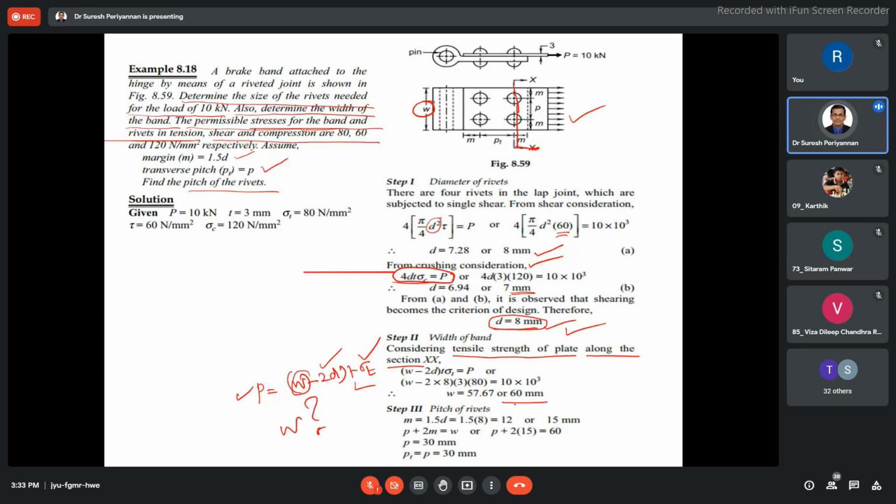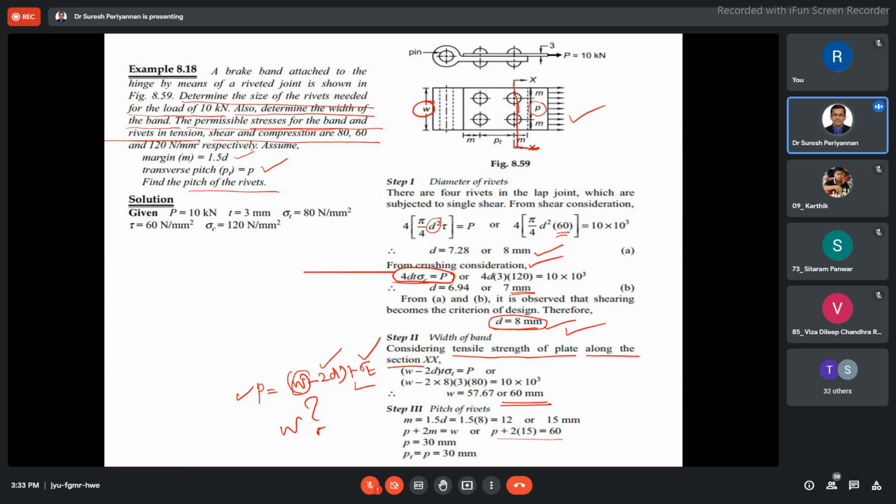Now come to the plate dimensions. The width is nothing but P plus 2m. We already know the width of the plate, W. What is the pitch between the two rivets?